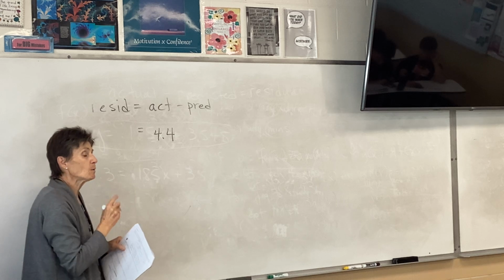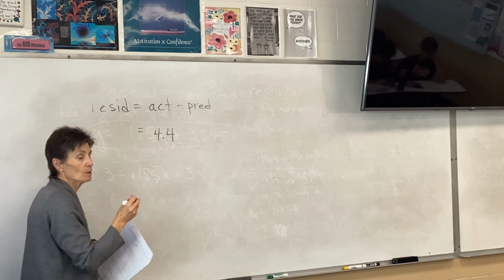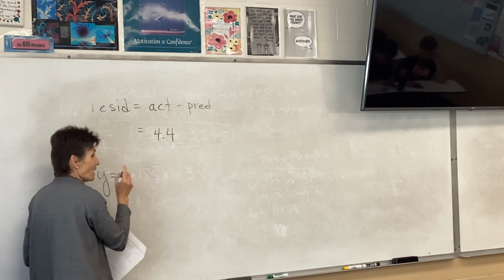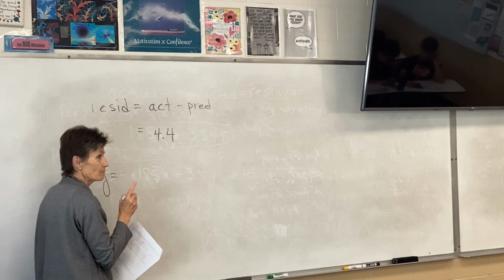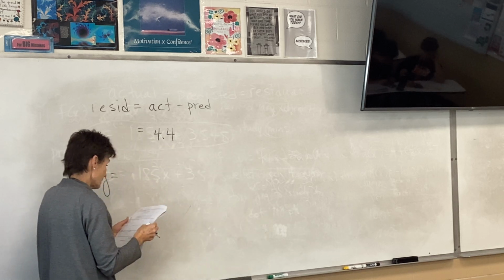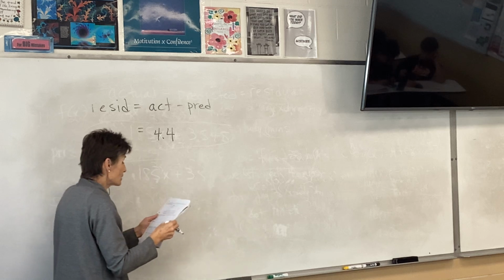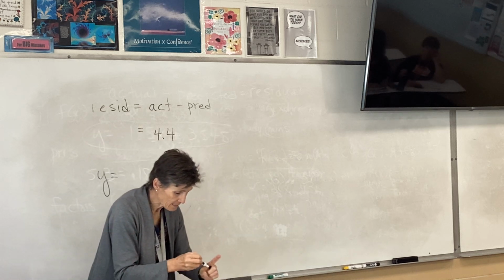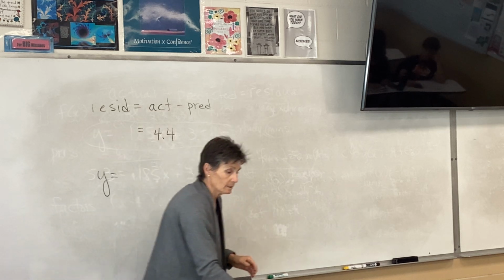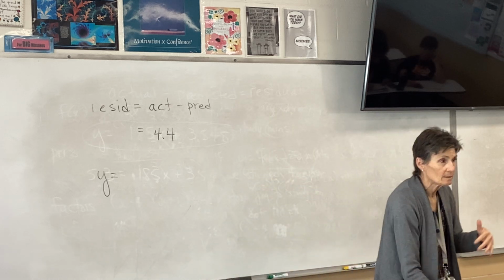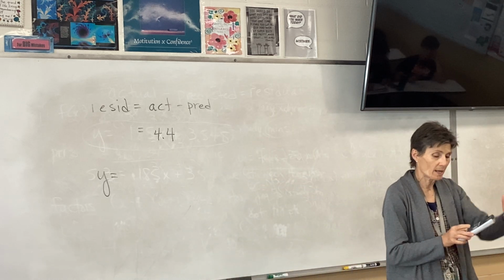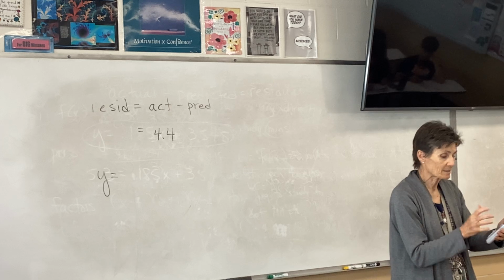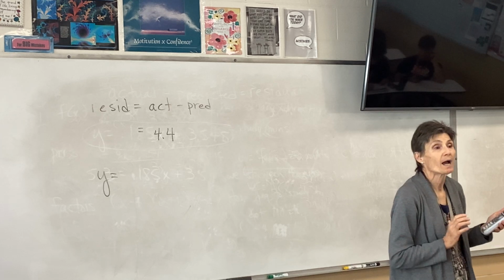Now, how are we going to get the predicted value? Well, we're going to go back to the model that we wrote. Oh, I didn't write it down, so I'm going to have to recalculate it. I know some of you did, thank you, Alex. This is good practice for the rest of us who may have forgotten.